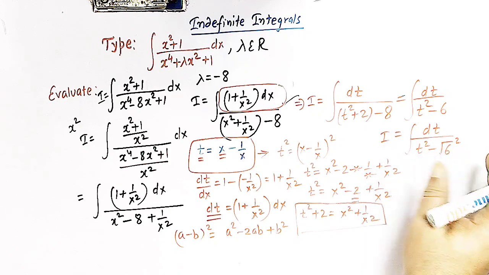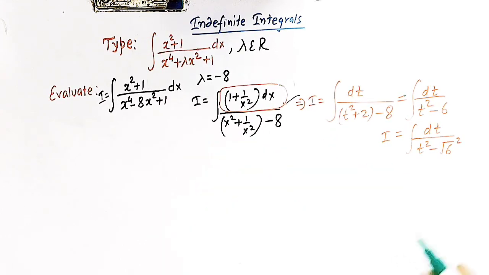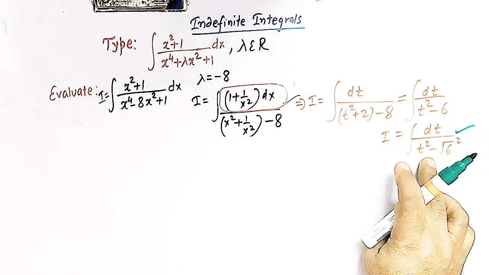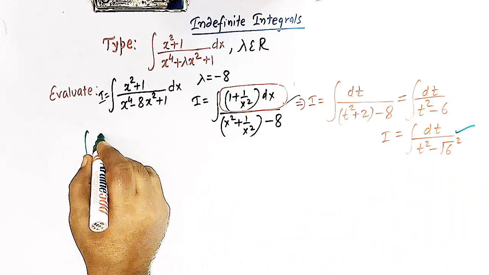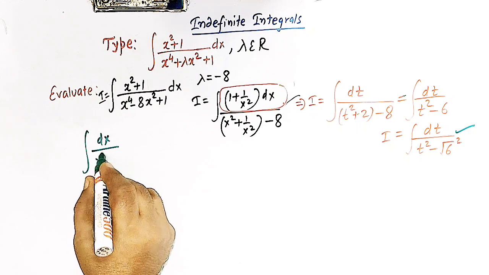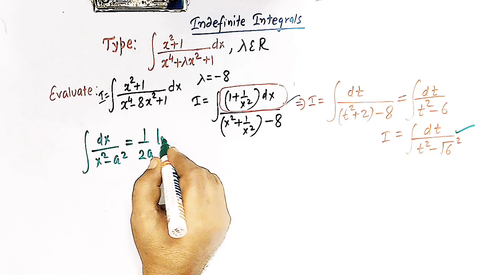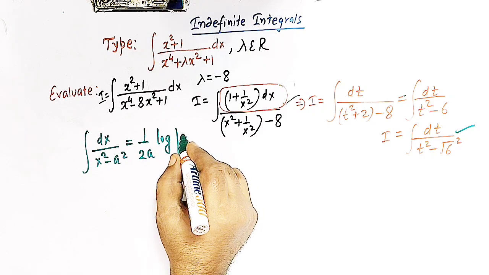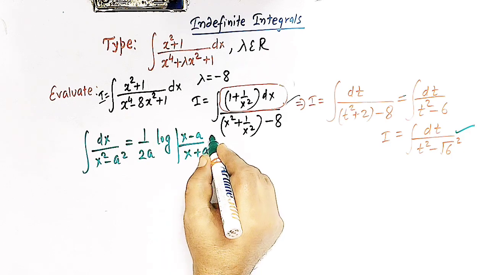And now this is a standard form in indefinite integrals. So now we can easily find the indefinite integral of this expression, because we have a direct result, that is the integral dx over x square minus a square is equal to 1 over 2a times the natural log of the absolute value of x minus a over x plus a, right?